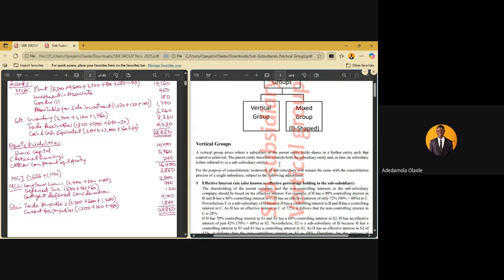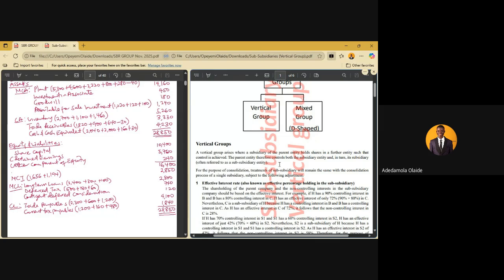But the fact that it's giving us 48%, which is not a controlling percentage, doesn't matter here. Because they own B and B has control in C, automatically the ultimate parent also owns the sub-subsidiary. You cannot say that because the percentage of holding is not up to 50%, they will not consolidate. No, they will still consolidate it. That is number one.